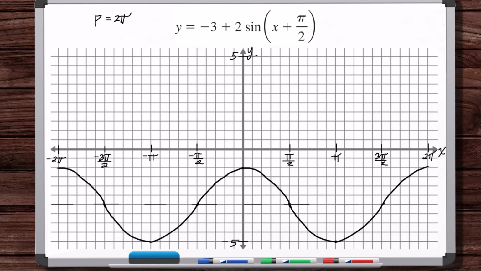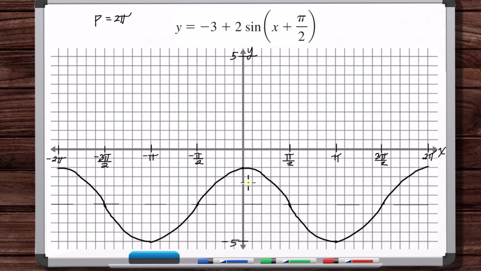And there we go. So this is just the curve 2 sine of x shifted to the left pi over 2 and down 3. 2 sine of x has a period 2 pi, it has whatever its frequency and angular frequency are, and its amplitude is 2. That hasn't changed when it comes to the horizontal and vertical shift.